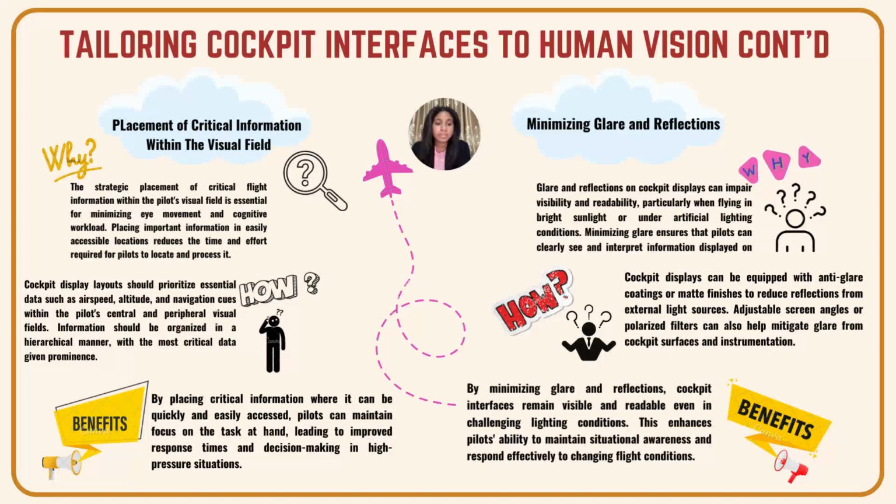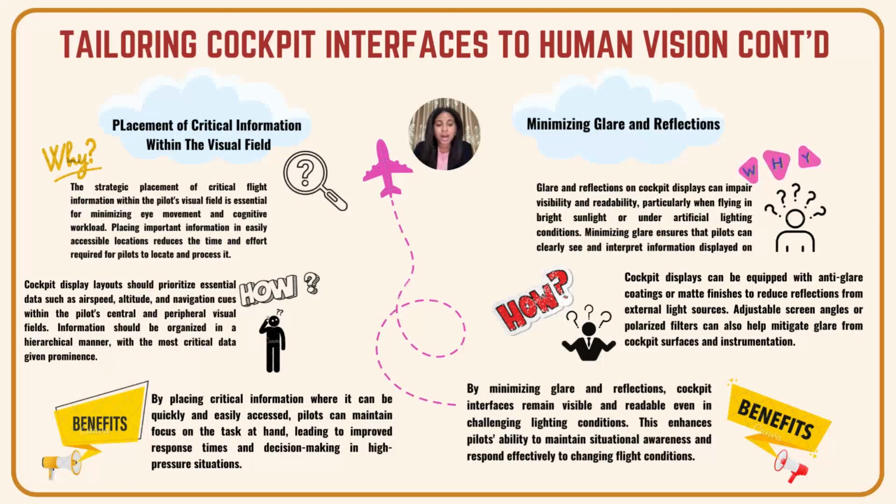So cockpit displays can be equipped with anti-glare coating or matte finishes to reduce reflections from external light sources. Adjustable screen angles or polarized filters can also help mitigate glare from cockpit surfaces and instrumentation.